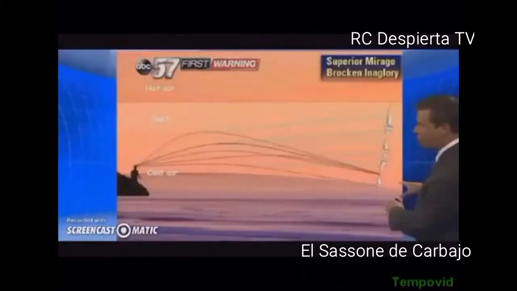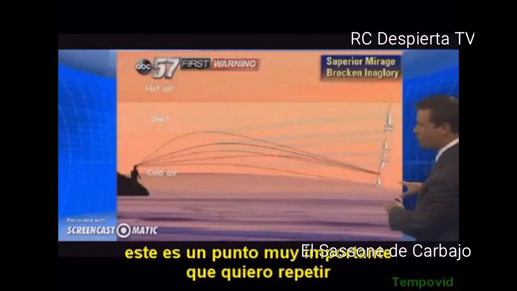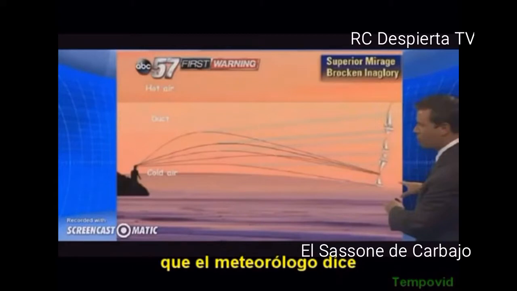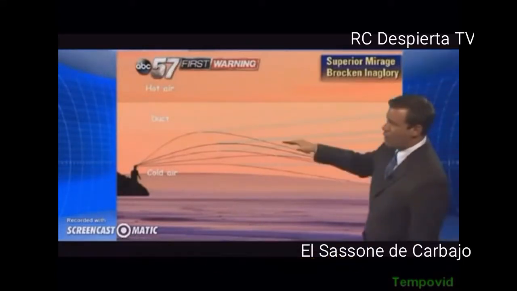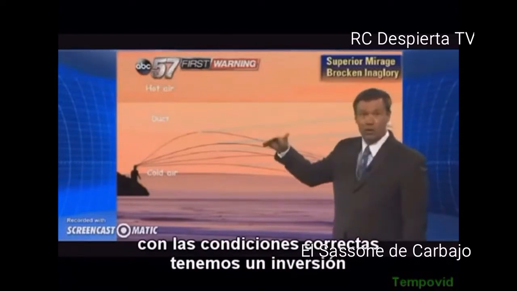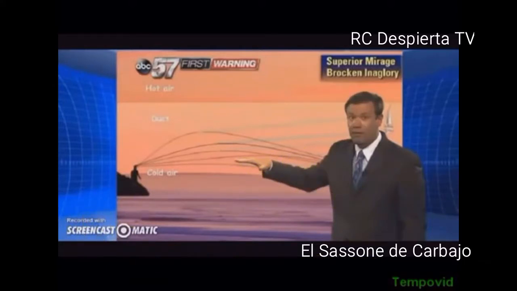Now, before I proceed with the video, this is a very important point I want to replay, what the meteorologist says: the horizon, you should not be able to see it. However, with the right conditions, we have an inversion. Okay, he just stated that because of the horizon, the curvature basically, you shouldn't be able to see the Chicago skyline.